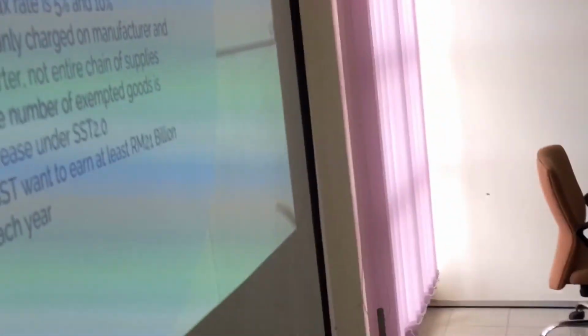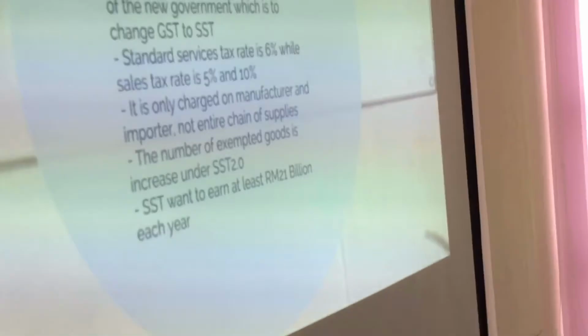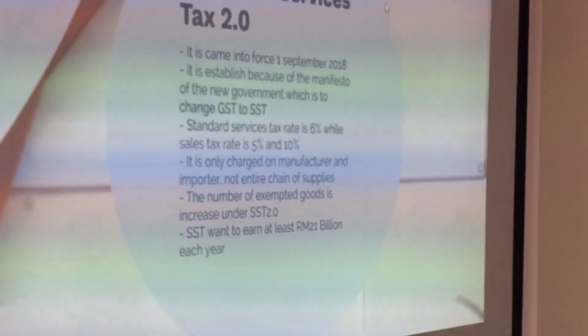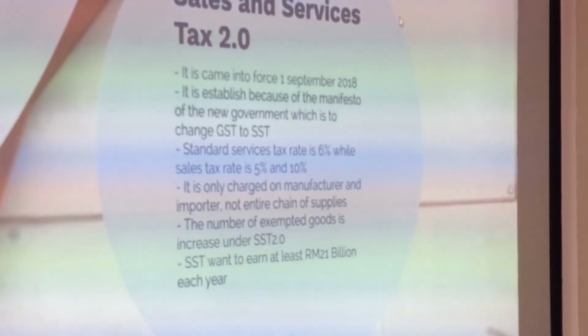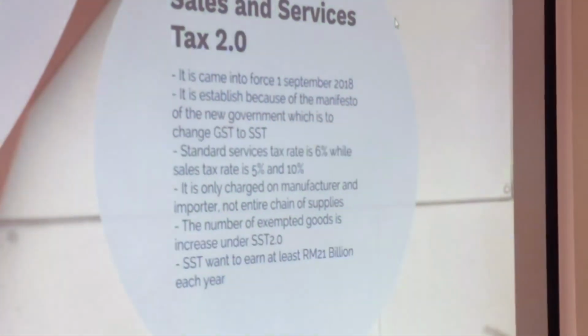The newest taxation system in Malaysia is Sales and Service Tax 2.0, which is effective from 1 September 2018. It was established because of the manifesto of the new government, which is to change GST to SST.